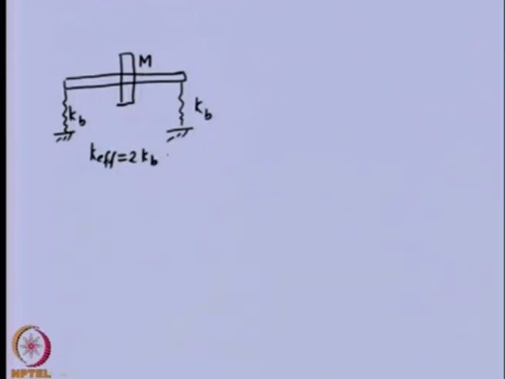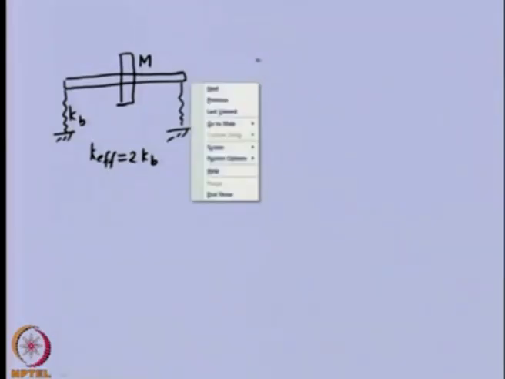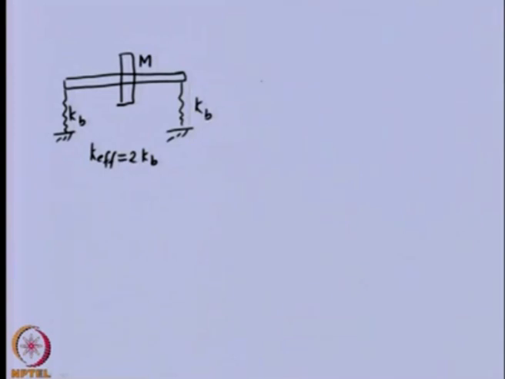If we take another model in which the bearings are rigid and the shaft is flexible, with a rotor of mass m mounted at mid span, the mass of the shaft is negligible compared to the mass of the disc at the center, and bearings are rigid.